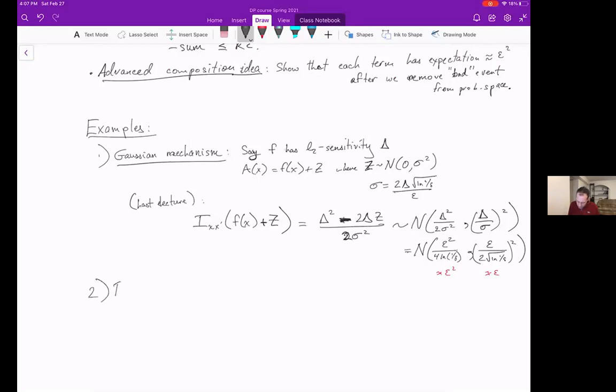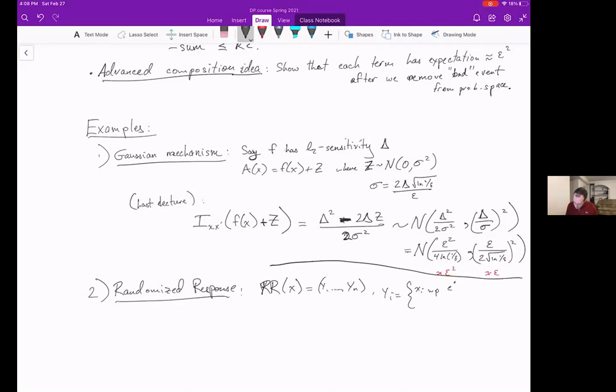All right, let's look at another example. Let's look at randomized response. So in randomized response, recall that the way the mechanism works is, given input x, we output a sequence y1 through yn, where yi is equal to either xi with probability a little bigger than a half, e to the epsilon over e to the epsilon plus 1, or the opposite of xi with the remaining probability 1 over e to the epsilon plus 1.